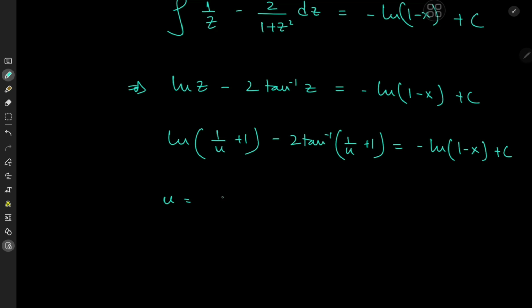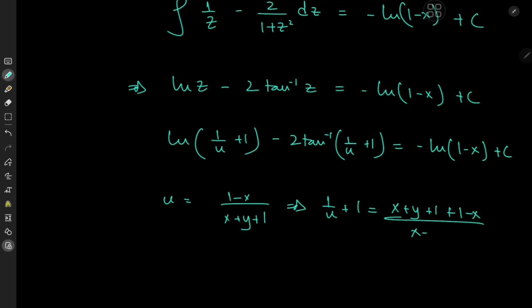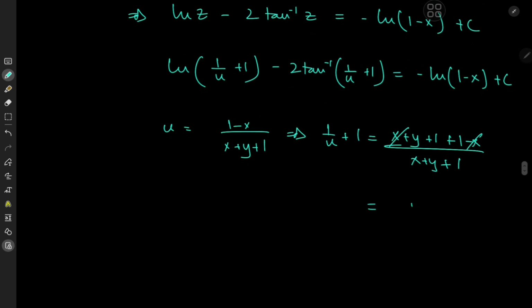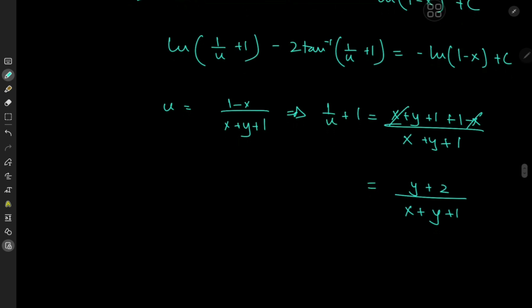Well, u was equal to 1 minus x divided by x plus y plus 1. So this implies that 1 by u plus 1 would be, well, x plus y plus 1 plus 1 minus x divided by x plus y plus 1. So again, we see some cancellation there for the x terms. We have y plus 2 divided by x plus y plus 1. Okay, cool. That was fairly simple.